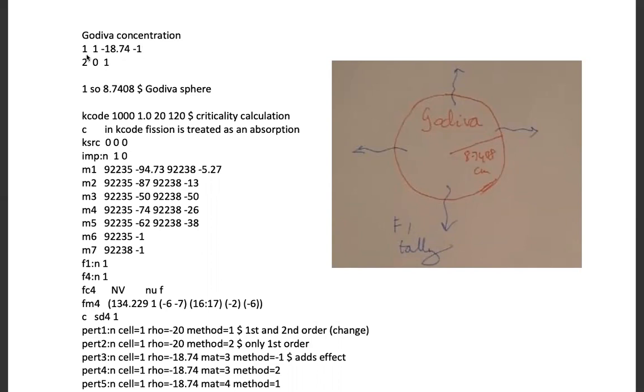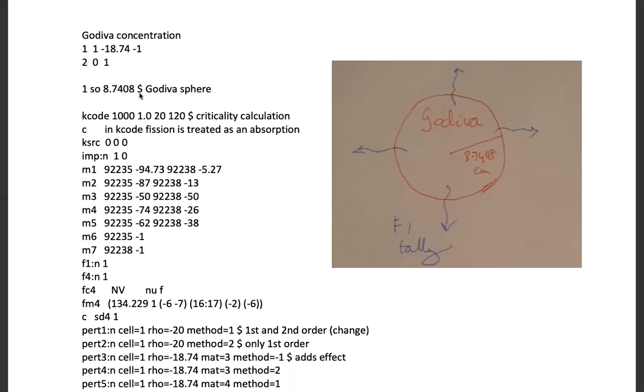So this is the first block, which is telling you that the first cell has material 1 with a gram density, because it's a negative number. It has a gram density of 18.74 grams per cubic centimeter. It has a negative sense with respect to surface 1. Surface 1 is a sphere centered at the origin, 8.7408 centimeter.